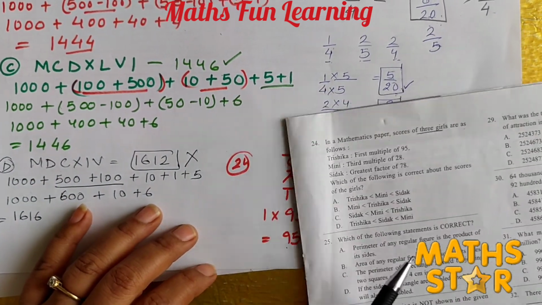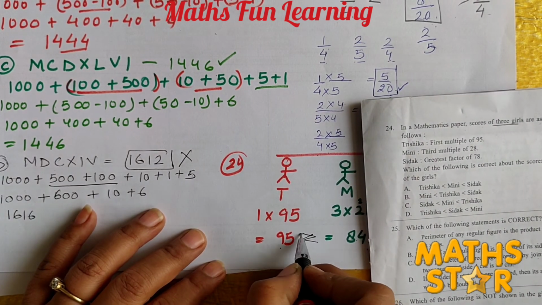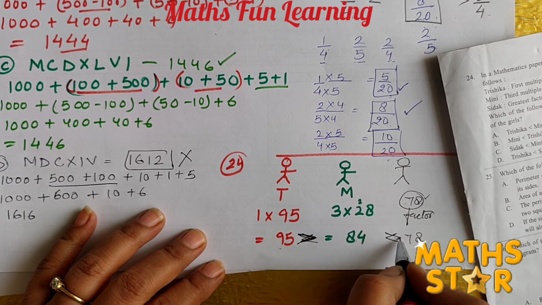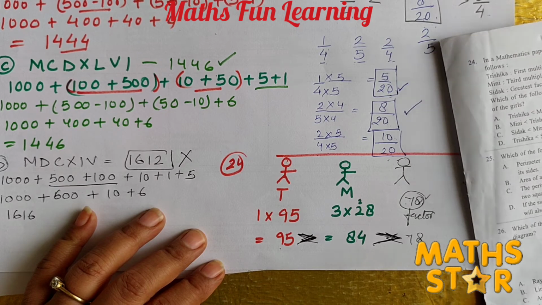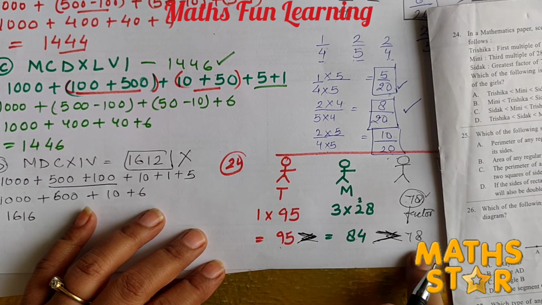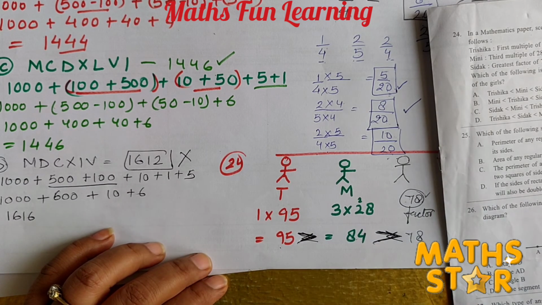Oh, the sign is wrong. Sorry. Siddhak has more, so it's more. And then the lowest one is 78. Oh, what did I do. Right? So the lowest is this one, Siddhak. Siddhak has the lowest. So which is correct here?